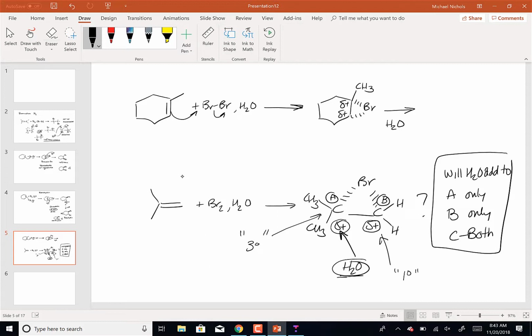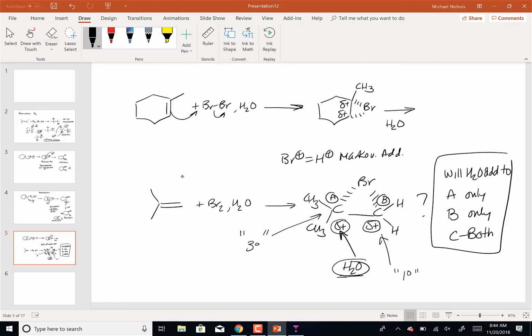So now we're back to Br plus, H plus, Markovnikov addition. Right, which is what Kristen suggested what seems like a half hour ago.